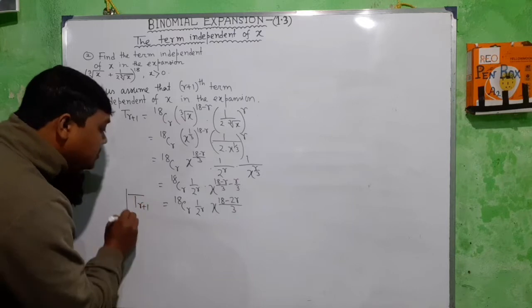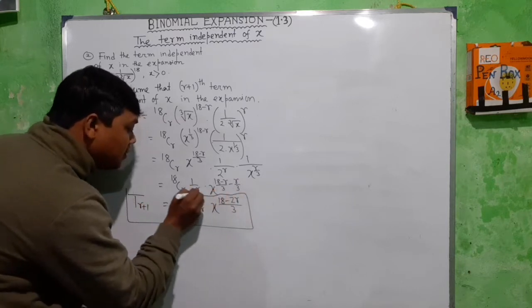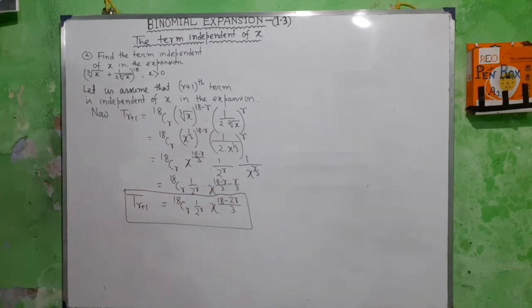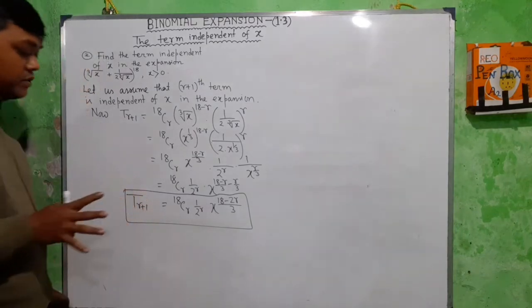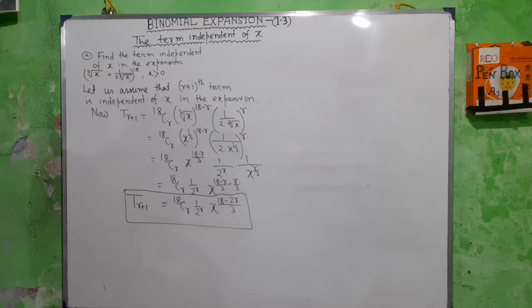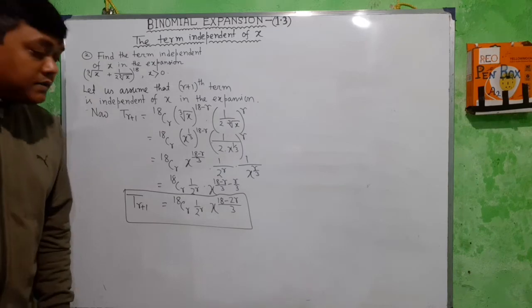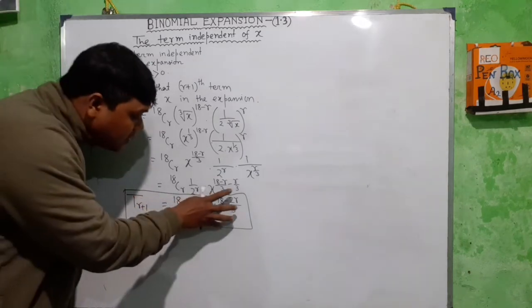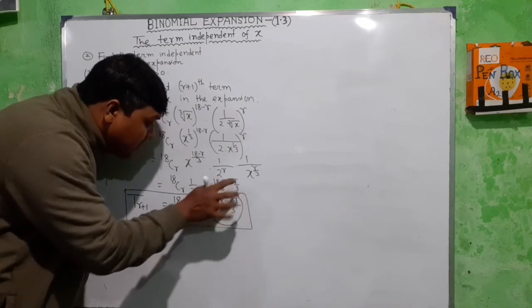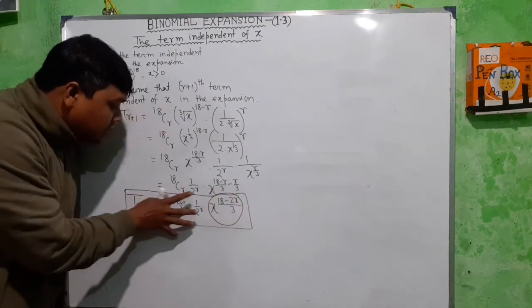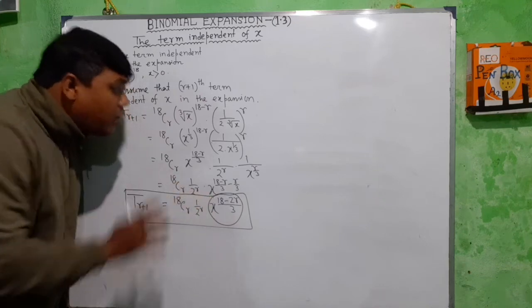I am boxing it. Okay. So according to our assumption, this tr plus 1 is independent of x or free from x. So that's why the value of this quantity must always be 1. If it is 1, then tr plus 1 is independent of x and it is a constant.